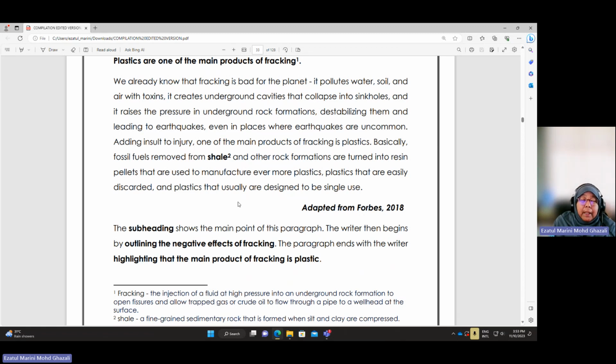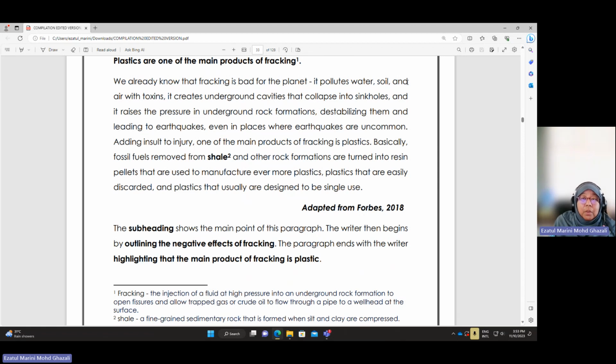All right, and then when we move through the paragraph, we can see that the writer talks about the negative effects of fracking. Where are the negative effects of fracking? In the first line of the paragraph. We already know that fracking is bad for the planet. Bad, very straightforward. Why is it bad?